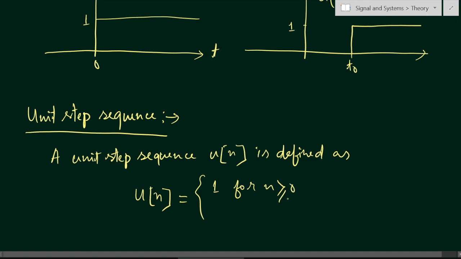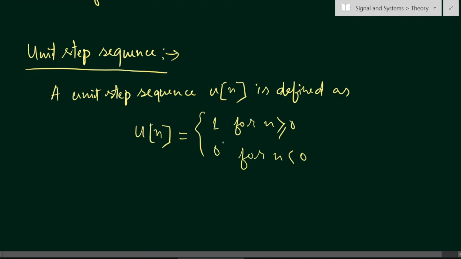For a discrete time sequence, we will assume that for n equal to 0 also the value is 1, and 0 for n less than 0. So this is the definition of the unit step sequence.